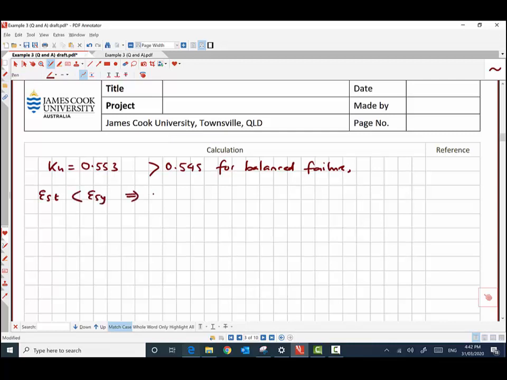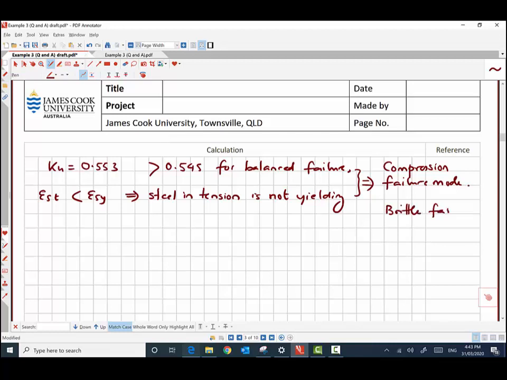Steel in tension is not yielding, which leads us to the compression failure mode. And we know that it is a brittle failure and should be avoided. That means it does meet the strength requirement, but the ductility requirement is not satisfied.